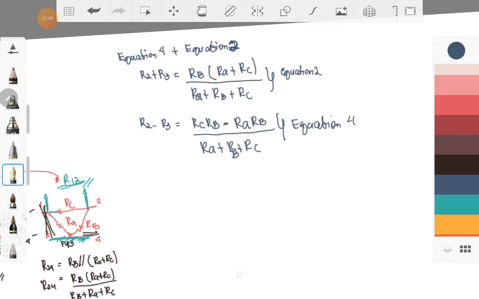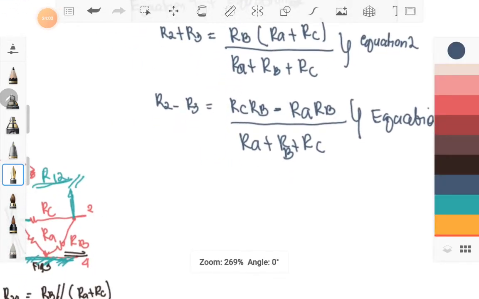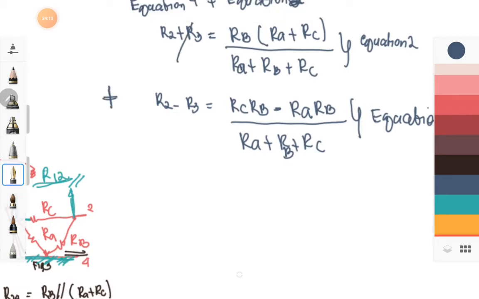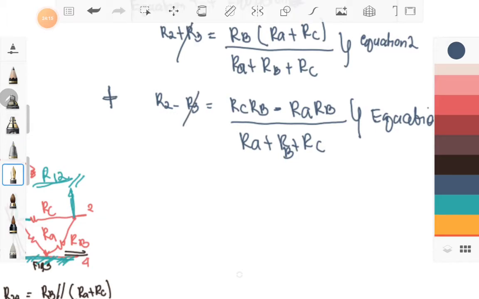Equation 4. So, adding your equation 4 and your equation 2, mapapansin nyo that R2 plus R3 plus R2 minus R3. So, if we will add this one, we have cancelling this term because it will be equal to 0.